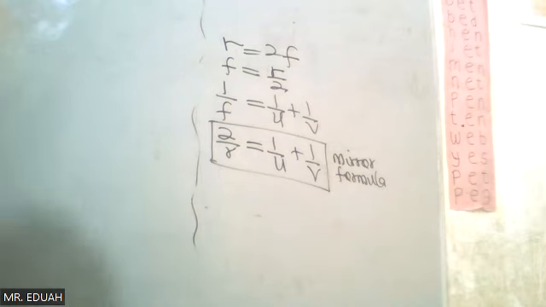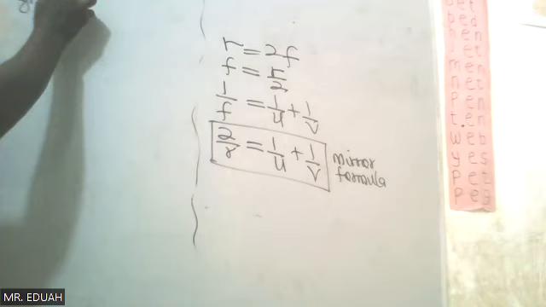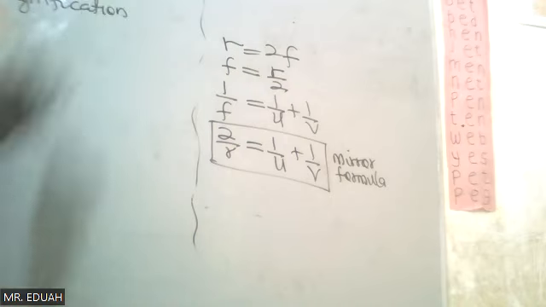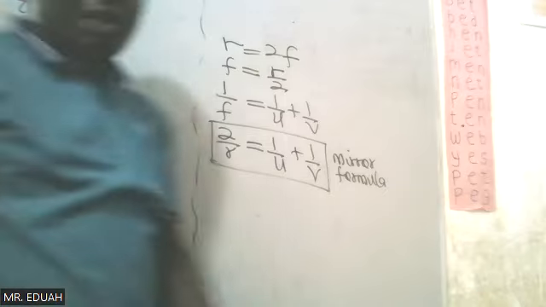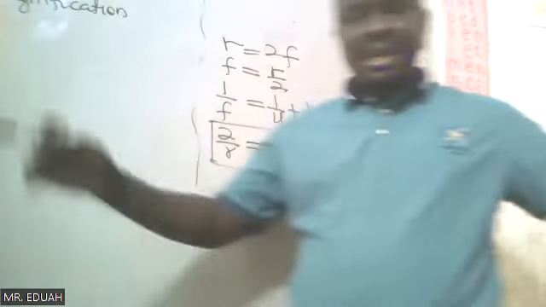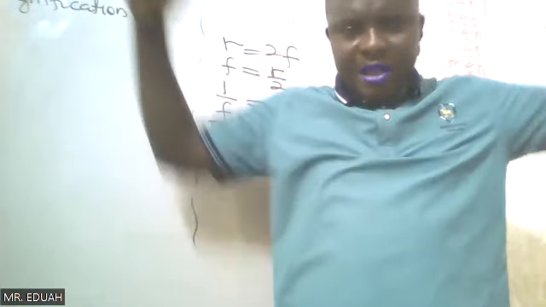Another modification we can possibly have is this. Let's talk about magnification of the image. In fact, when we talk about magnification generally, we are looking at whether the image formed is enlarged or diminished.